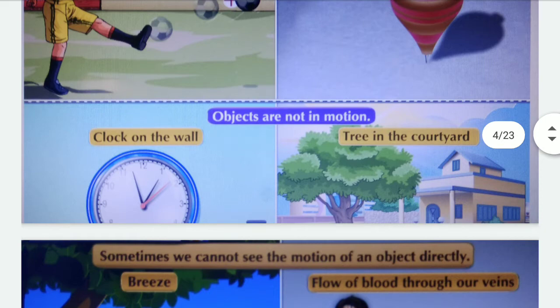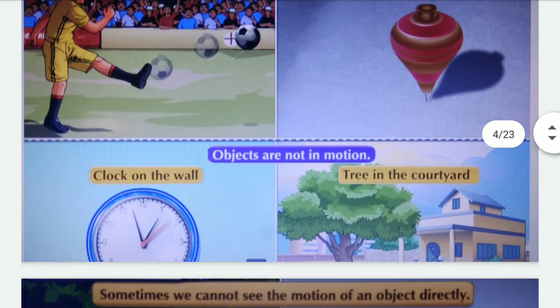But in another picture, a clock is on the wall and a tree is in the courtyard. The clock is on the wall, it is not in motion. The clock is not moving here and there.